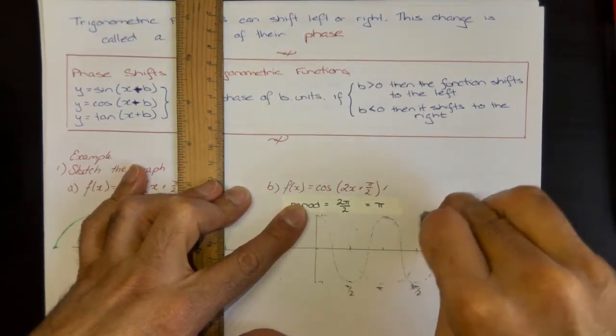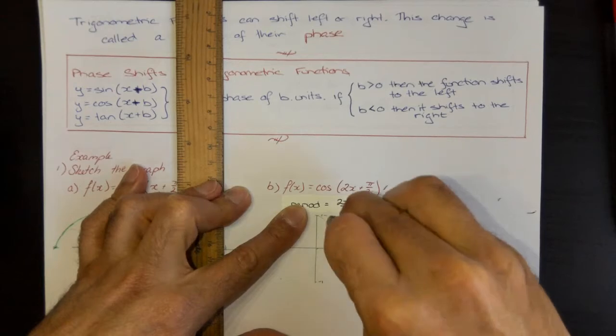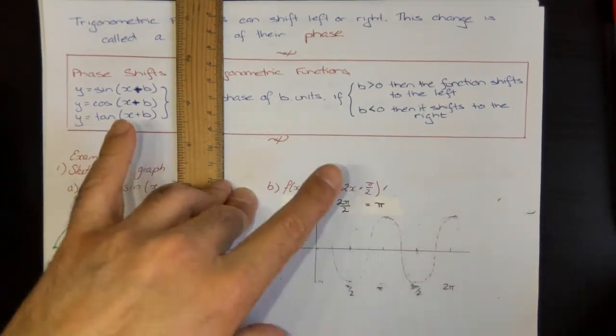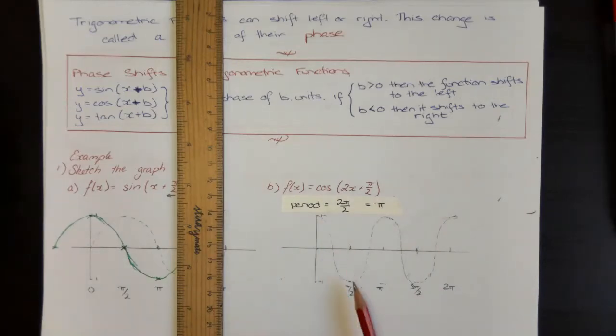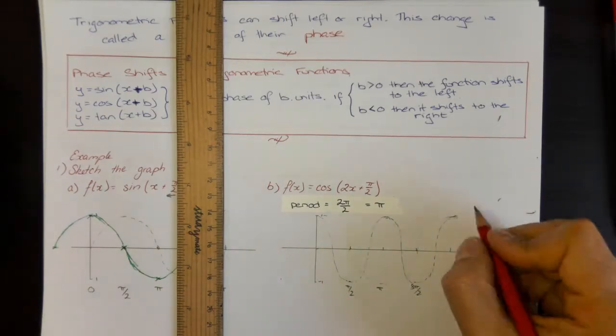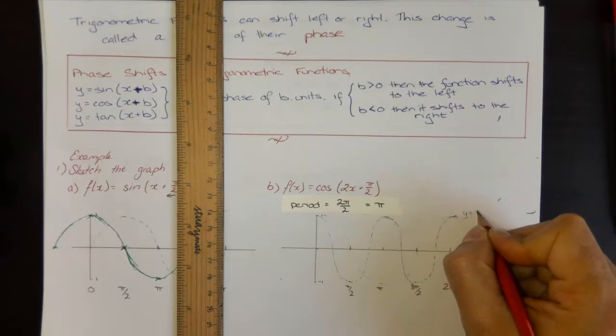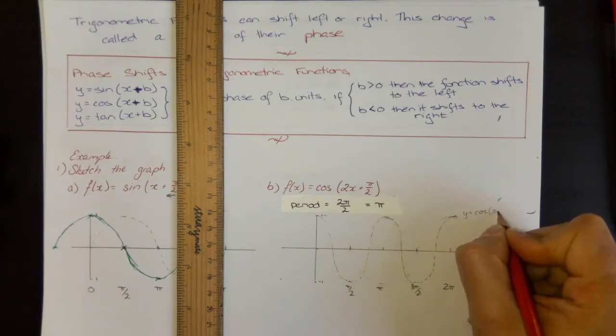Yeah, because that was y equals cos of x, so I don't need that anymore. Okay. So this one here is currently y equals, or f of x equals cos of 2x.